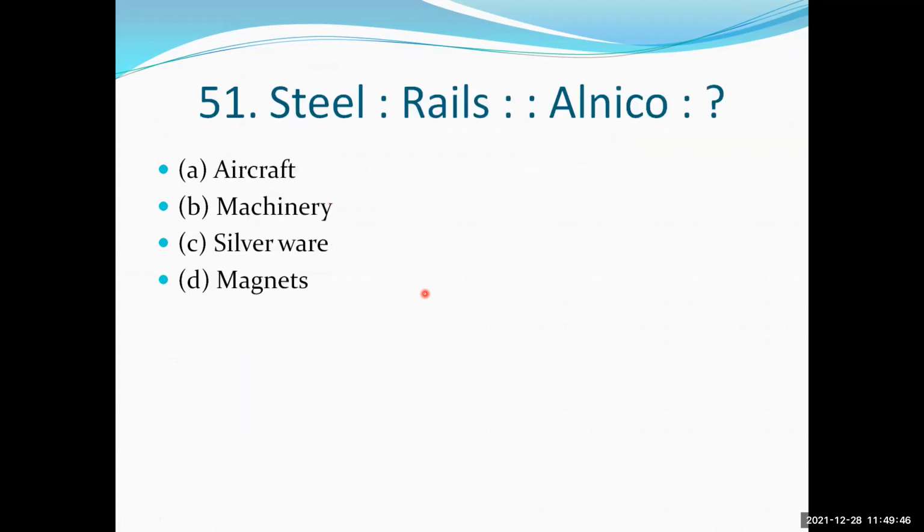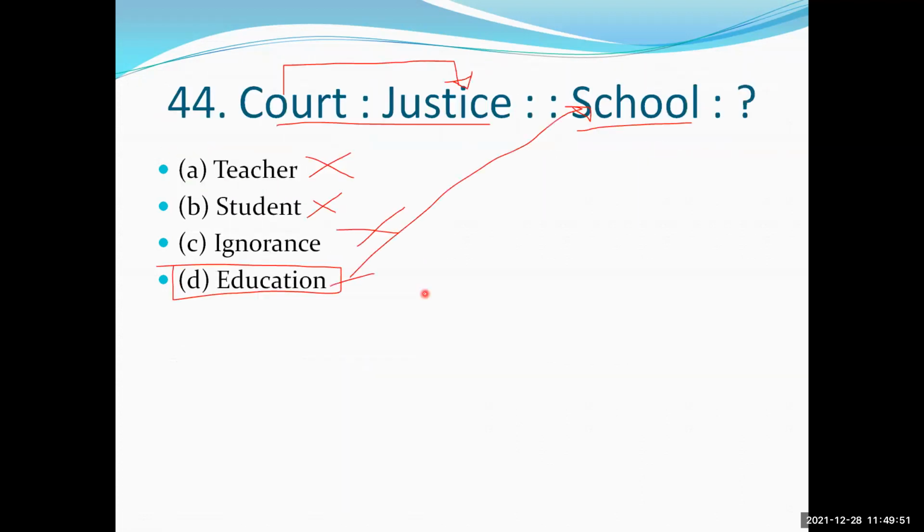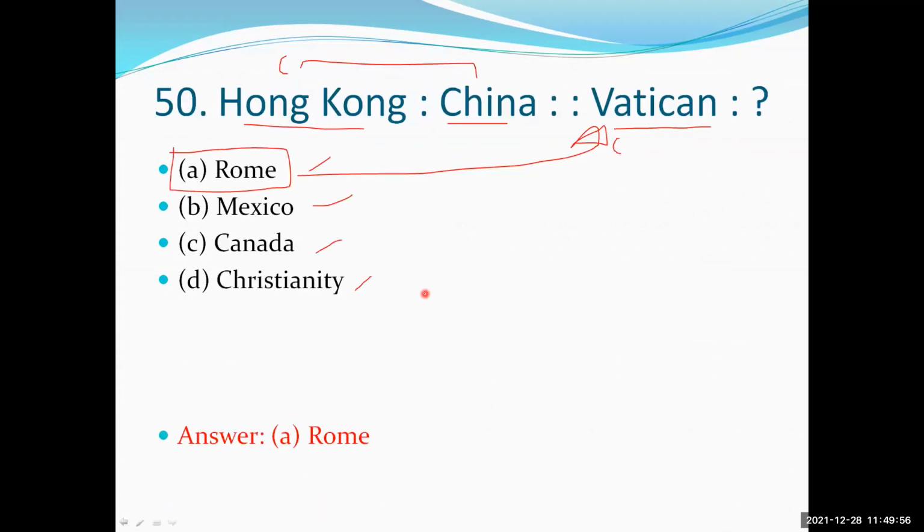So let's see roll number 2. So I think roll number 2 absent.